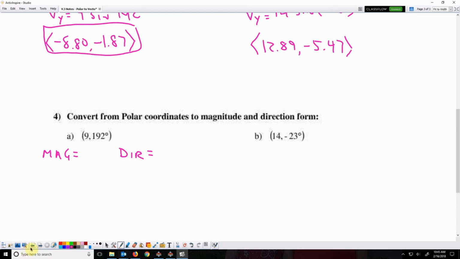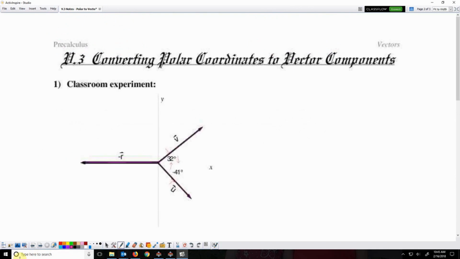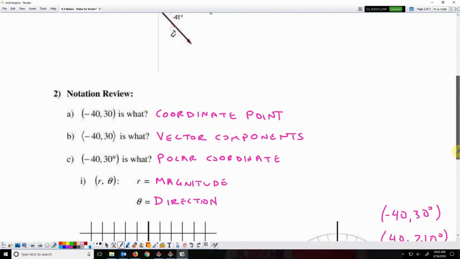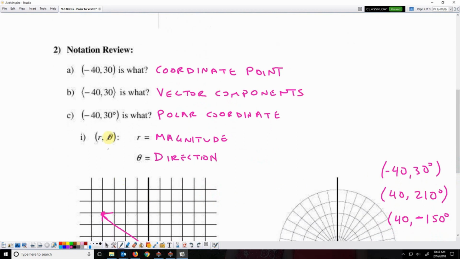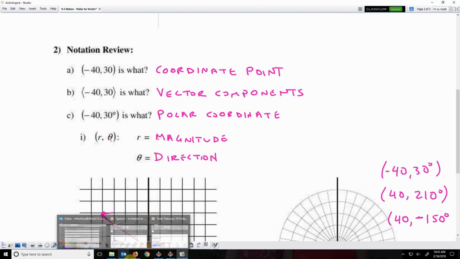But if we can just go back a page here quickly. Polar coordinate form is in the form r theta, which is magnitude and direction.